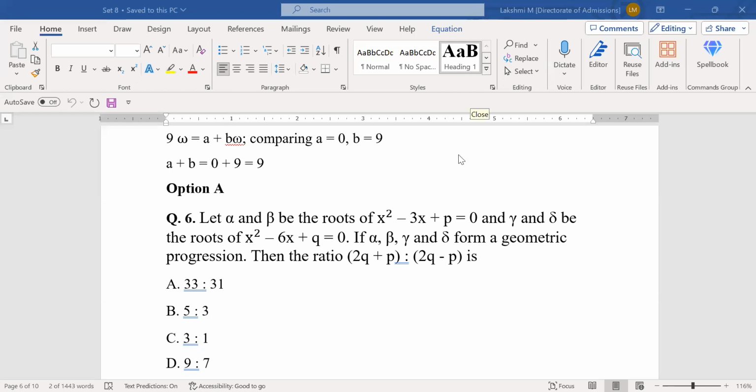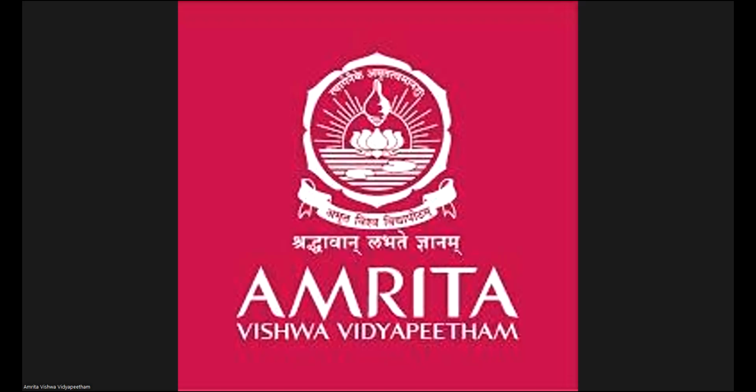Okay, I got an answer as 5:3. I got an answer as 9:7. Almost all of you are giving me answers as B, C, D, that is 5:3, 3:1, 9:7. So please do start doing the question.